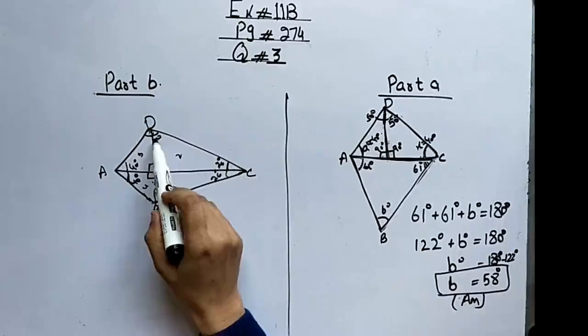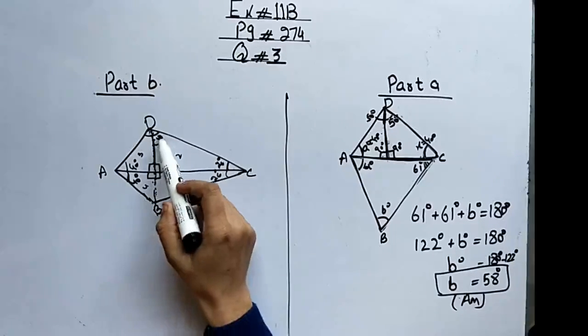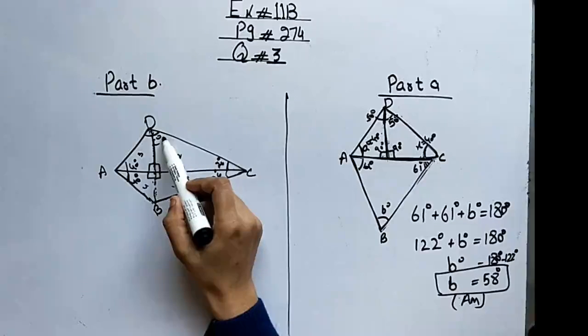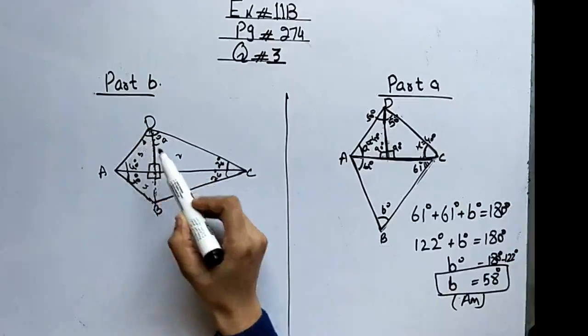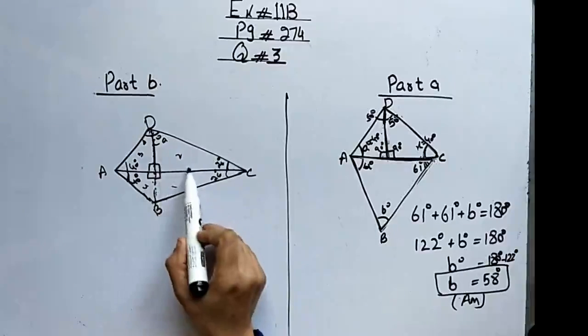First you will find this half part, and you can suppose this half part is equal to A and this half part is equal to B. First you will find A in this triangle.